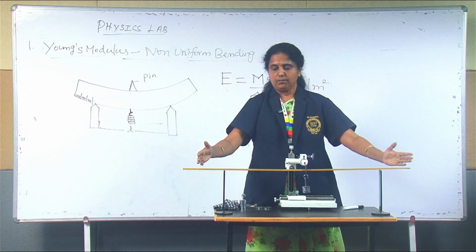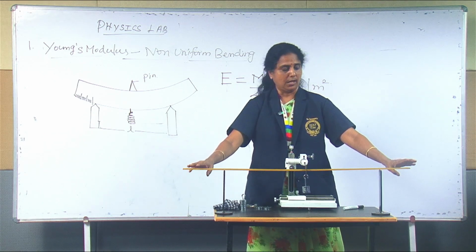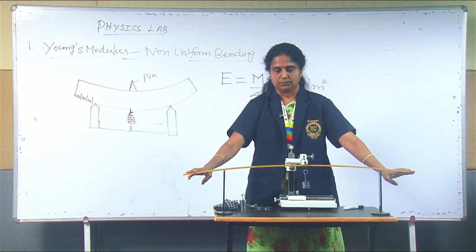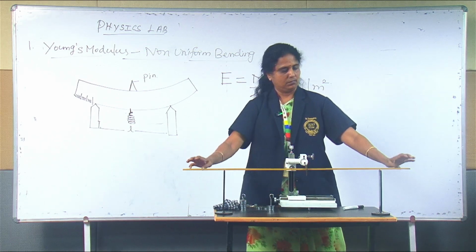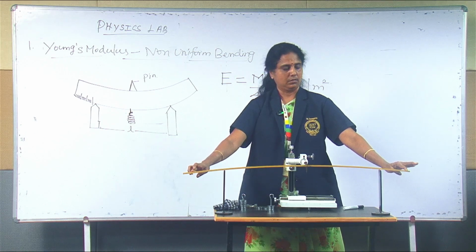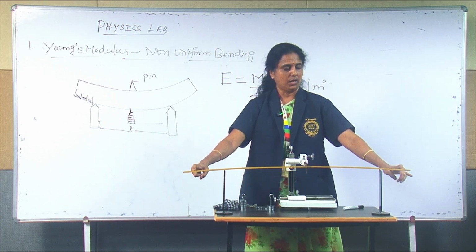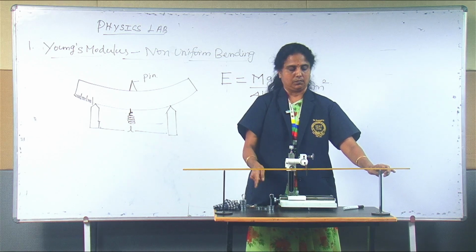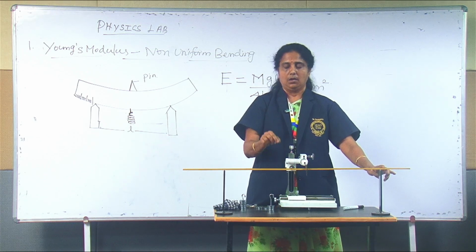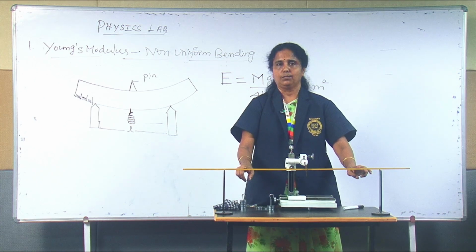By adding weight at both the ends, there must be some elevation. The scale goes like this, comes like this, by giving load at both the ends. So the displacement covers an arc of a circle or an elliptical path, and that is uniform bending method.